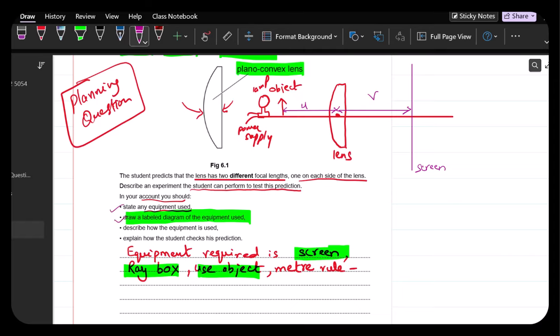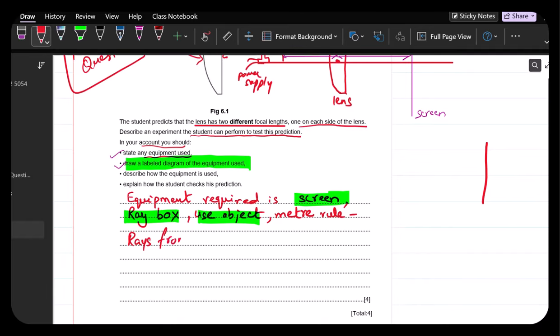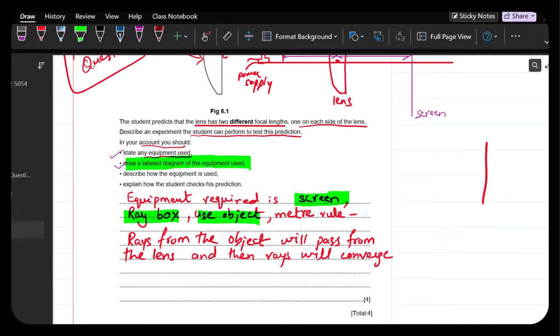Now describe how the experiment is used. So what you have to do is place the object. Rays from the object will pass through the lens, and since it is a converging lens, the rays will converge on the screen.